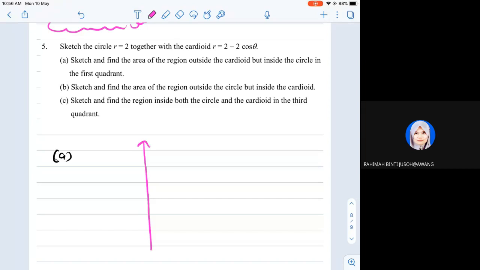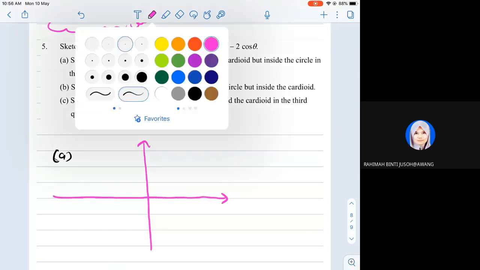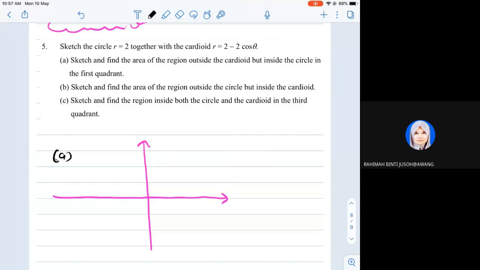Cardioid tu sebelah mana guys? Kiri, kanan, atas, bawah? Kiri sebab dia minus. Okay, very good. And then dia cos sebab tu dia kiri kanan. Dapat CX kan?